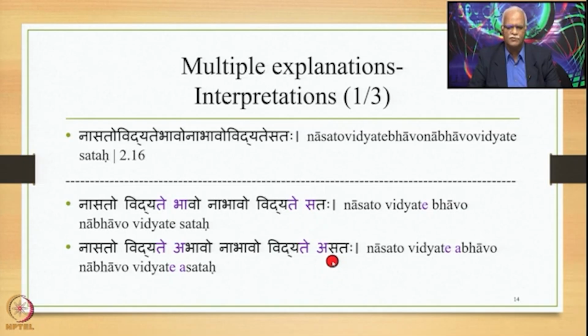How is this possible? This is possible because the output of this a plus a is going to be a, like this here. Similarly, a plus a and the output is going to be only a. So from this a you can derive two inputs: vidyate bhavo, no sandhi, or sandhi, vidyate plus a bhavo.